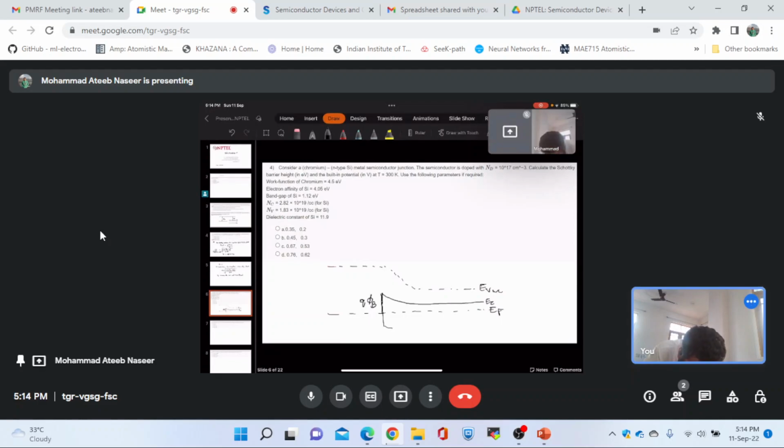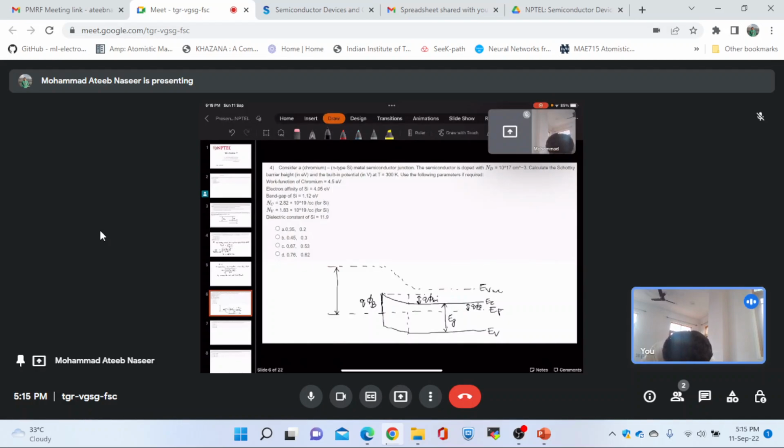Now we need to find the built-in potential as well, and if I draw it like this, this will be the built-in potential, and this will be the phi F. And this is the band gap Eg.